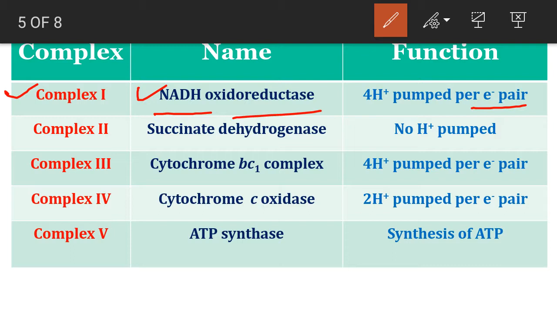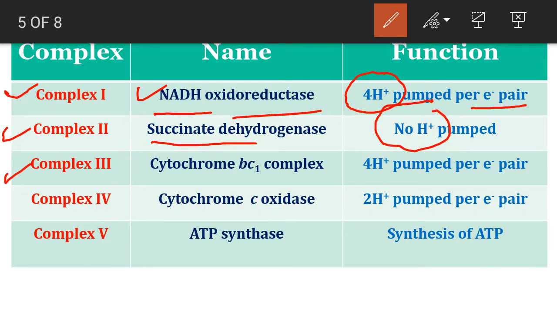number 1 to subsequent complexes, and during that transfer the complex number 1 will pump 4 protons from the matrix of mitochondria toward the intermembrane space. Likewise, at complex number 2, succinate dehydrogenase, no proton will be pumped from matrix to intermembrane space.